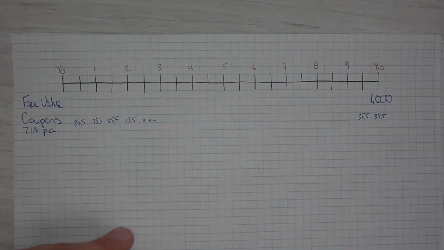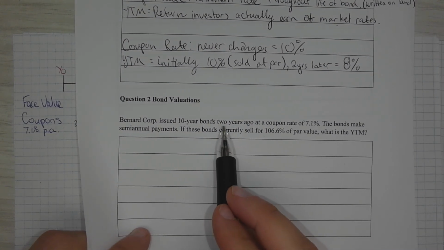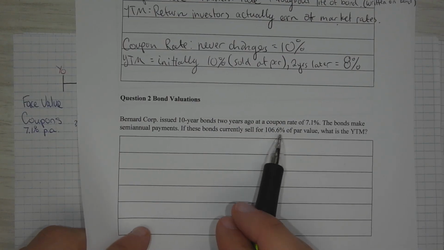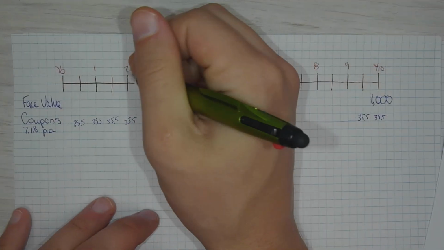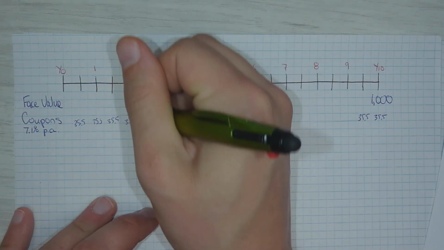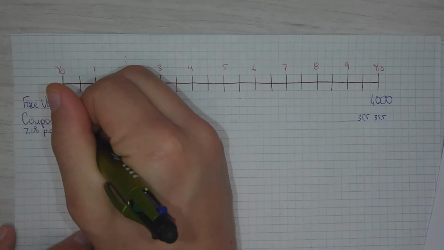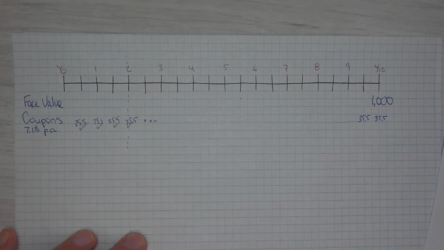And what we're saying is this bond is sold at, so it was issued 2 years ago, and so today the bond currently sells for 106.6% par value. So now we're here today. Okay, so we're at the stage today at the 2-year line. So this has been redeemed, this has been redeemed, this has been redeemed, and this has been redeemed. Okay?